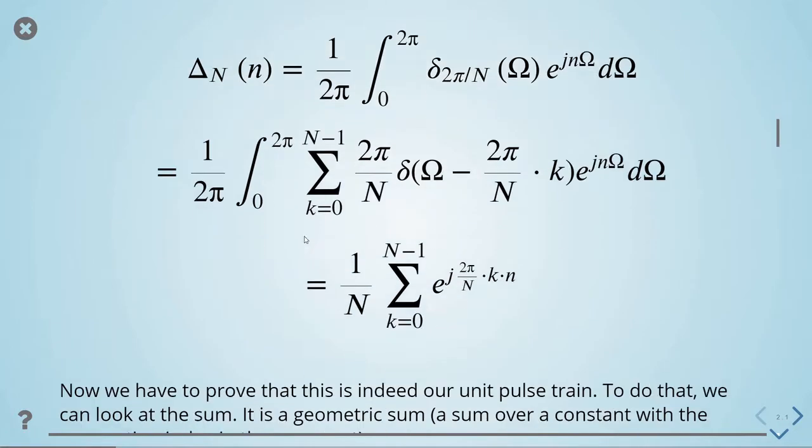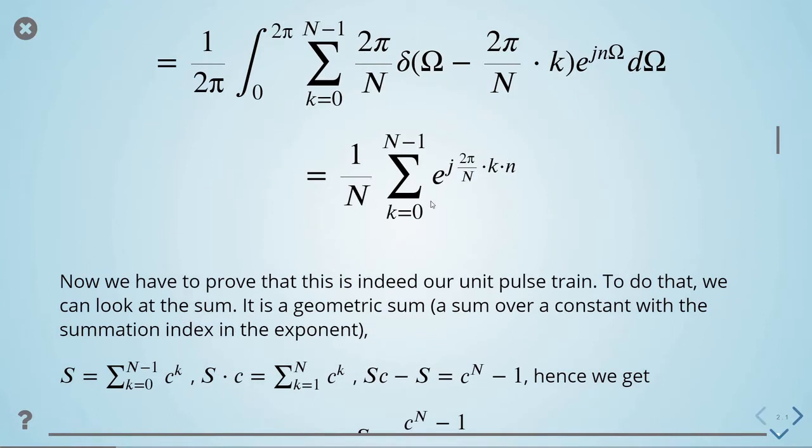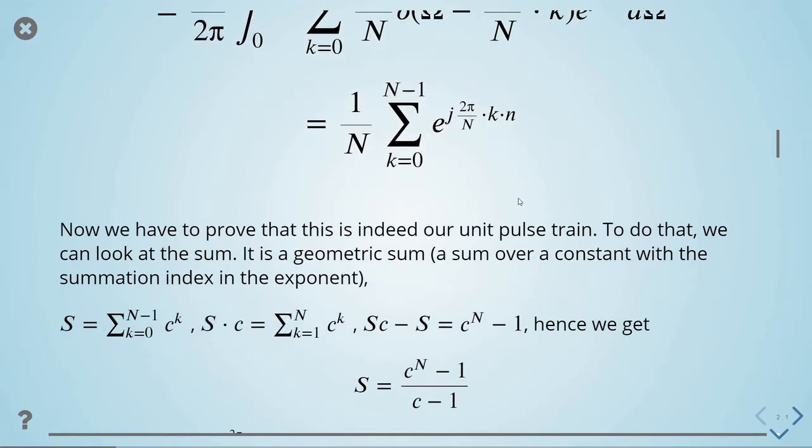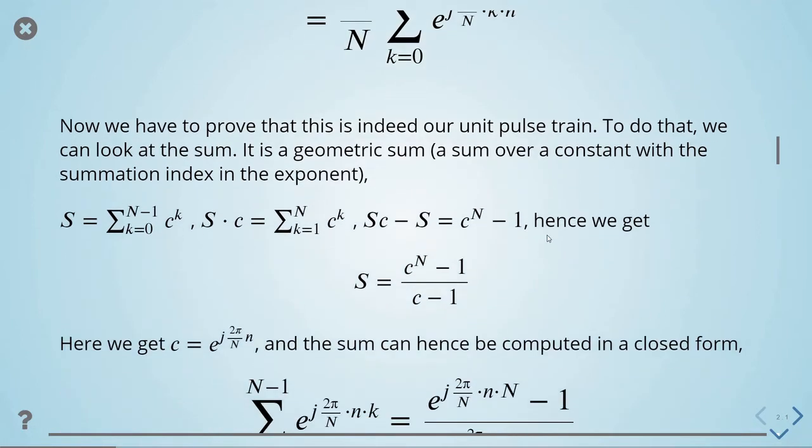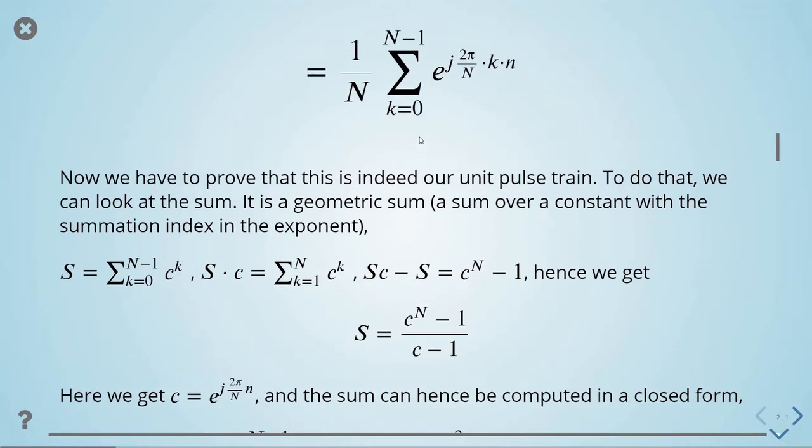unit impulse train, and now we need to prove that this is indeed a unit impulse train. So what we do is we see that this is a geometric sum. We use this other mathematical trick to find a closed form for this geometric sum. Here we are replacing c, so c to the power of k.